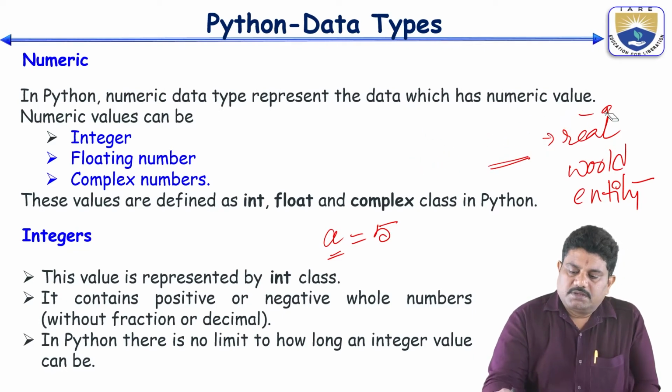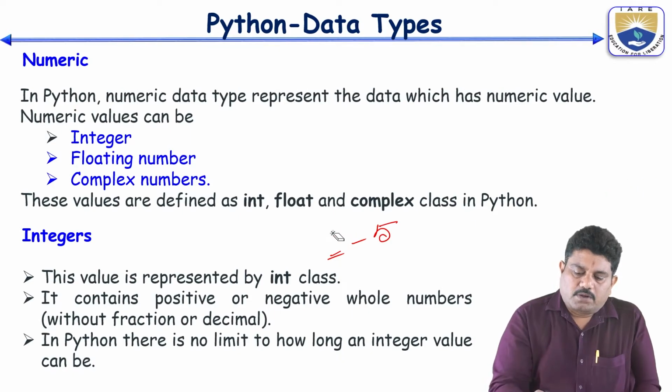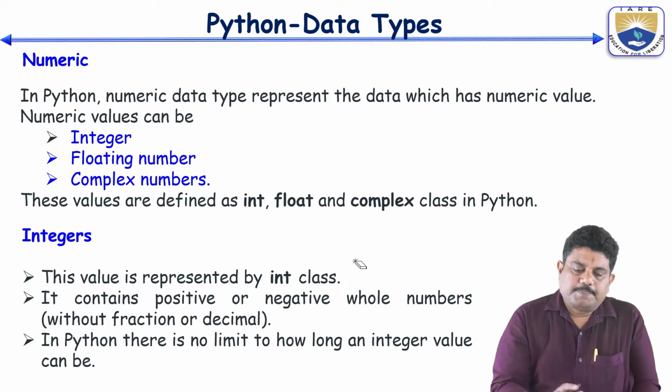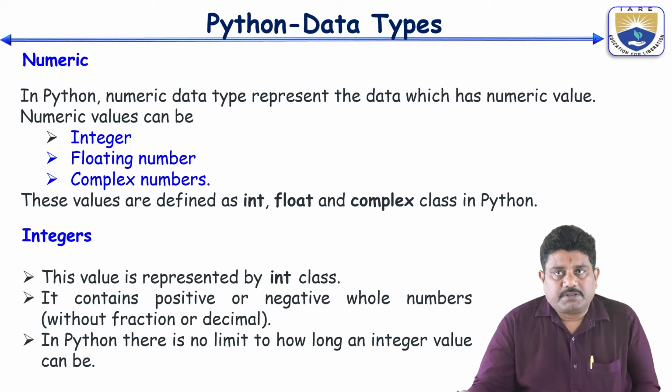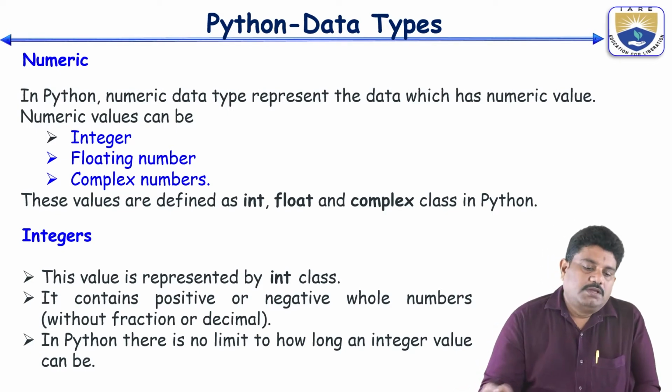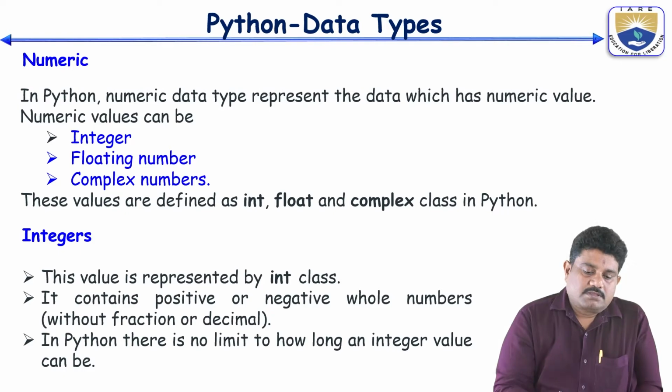This is true for all data types. Here, the data types are classes, and the variables created based on those data types are objects of that type in Python. In the numeric types, we have integers, floating numbers, and complex numbers.